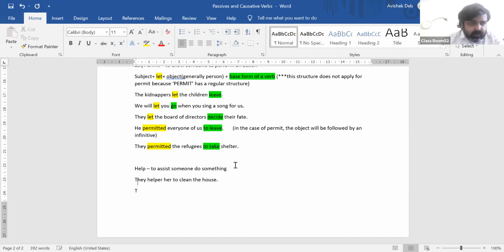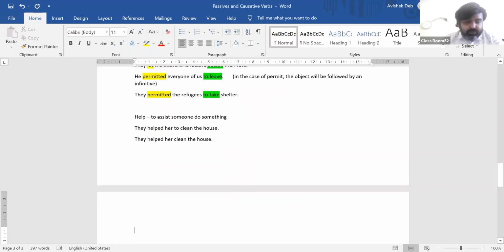They helped her clean the house. This is also correct. Using to or not using to is the same thing. This is only for help.